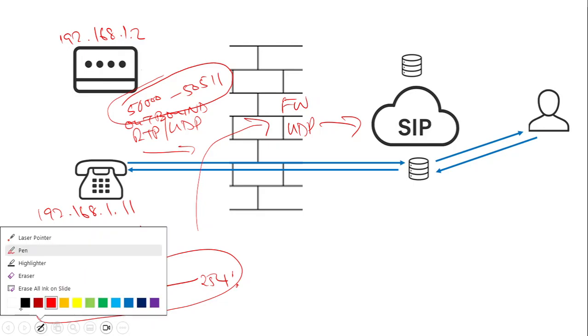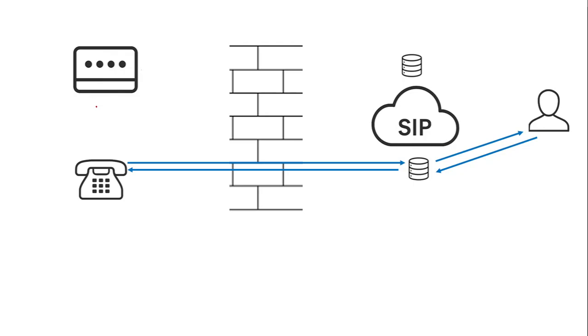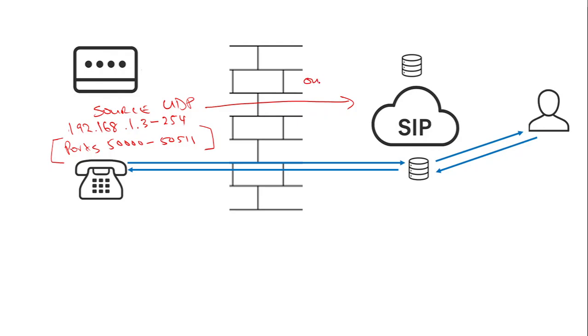So we are saying, in our case, allow 192.168.1.3 up until 254 using ports 50,000 up to 50,511 as source, and protocol UDP should be allowed outbound to destination provider media IP.